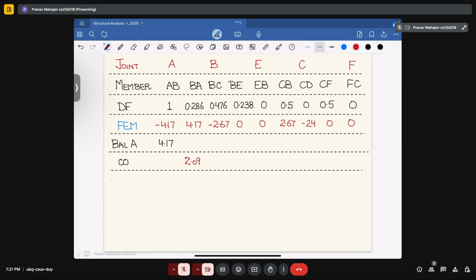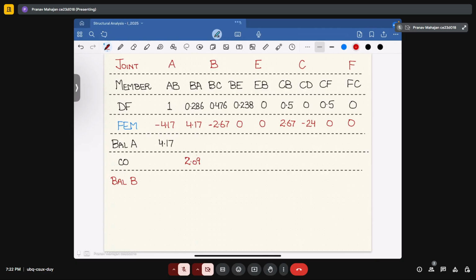Now next we will balance B. So if we balance B, we have to add this 2.09 in this whole equation. Okay. So how will we do? First we will take this 4.17 plus minus 2.67 plus 2.09.